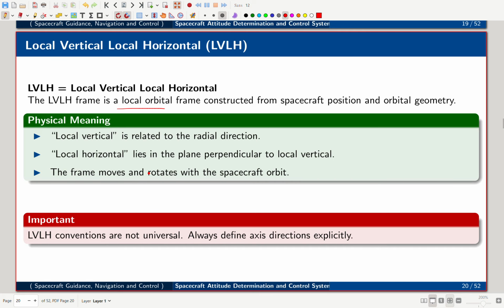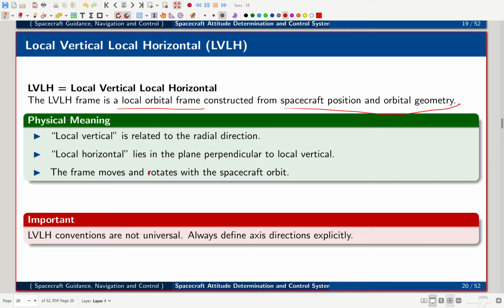The local vertical, local horizontal frame is a local orbital frame constructed from the spacecraft position and orbital geometry, right? So this is also one frame, called the local orbital frame.